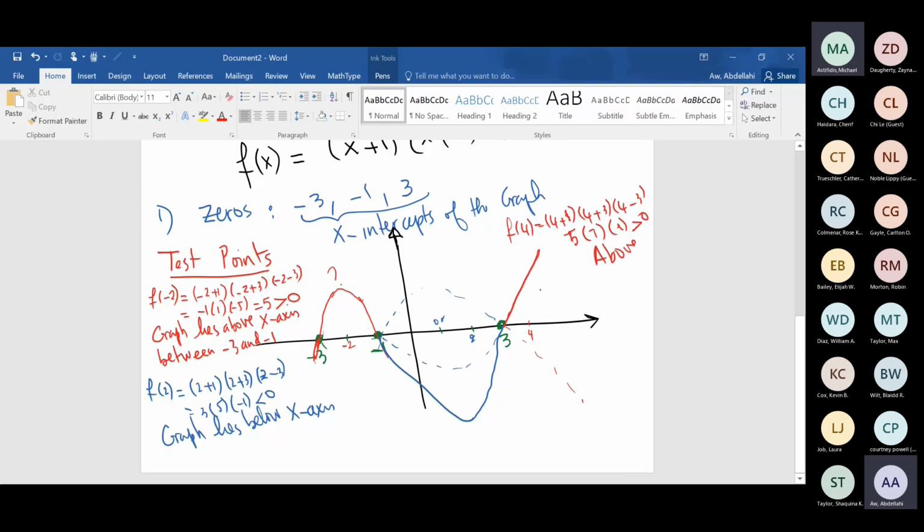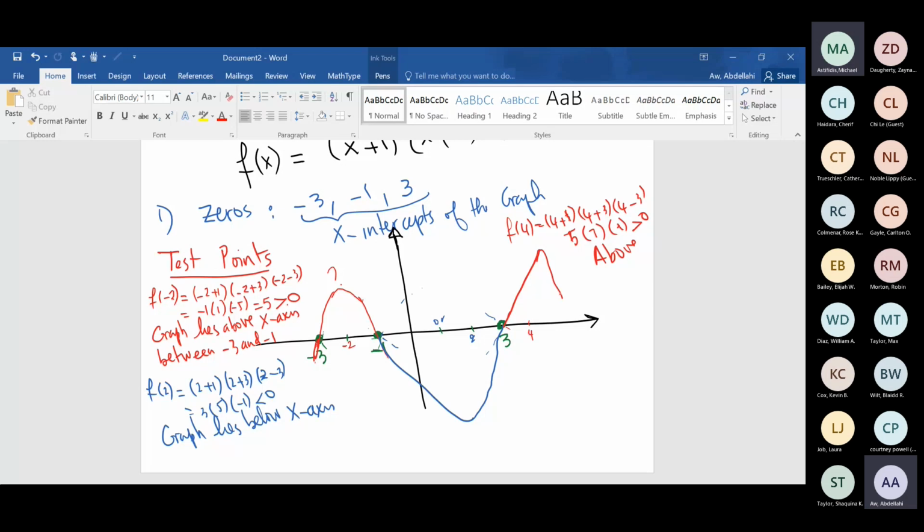Now, can you tell me why my graph does not bend again after 3? Is it because there are no more zeros? Thank you very much. Absolutely, because there are no more zeros.